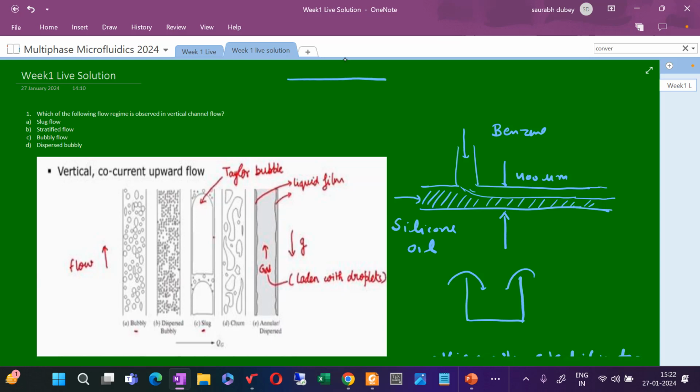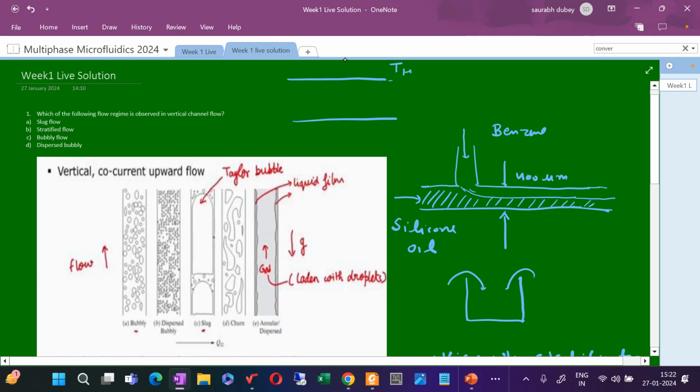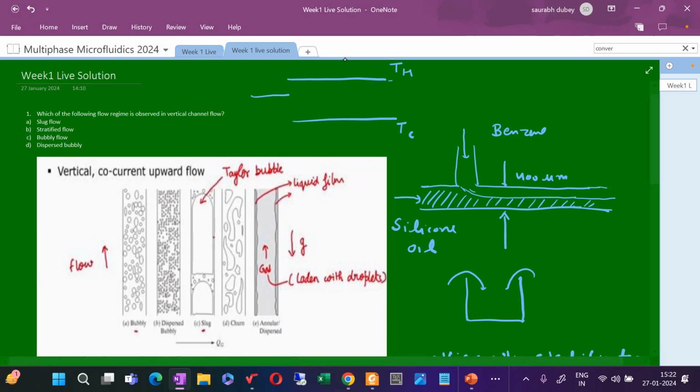For example, these walls are at different temperatures, suppose T hot and T cold, and a single fluid, suppose water, is flowing through it. The layer of water in contact with T hot will have lower density, and the other part will have the normal density of water. So there will be different densities for the different layers.